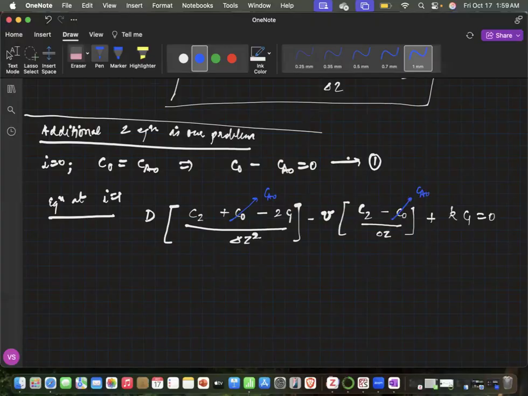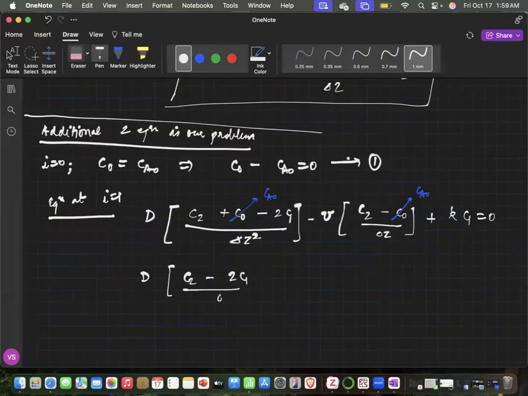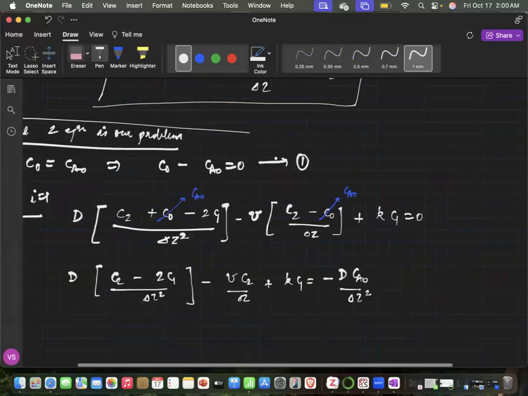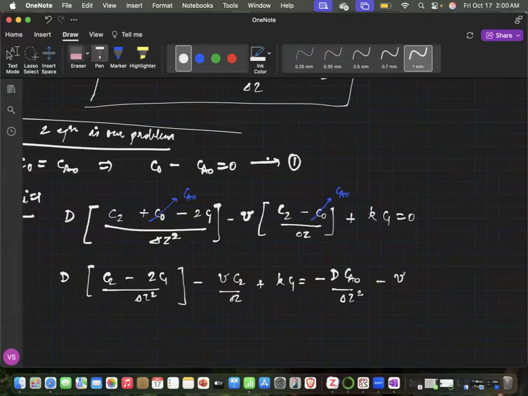This value is known to be a constant. So you could just modify this equation. So you could write this as d (C2 minus 2C1) by delta Z squared minus V C2 by delta Z plus K C1 is equal to, let's see, minus d CA0 by delta Z squared and minus V CA0 by delta Z, right?